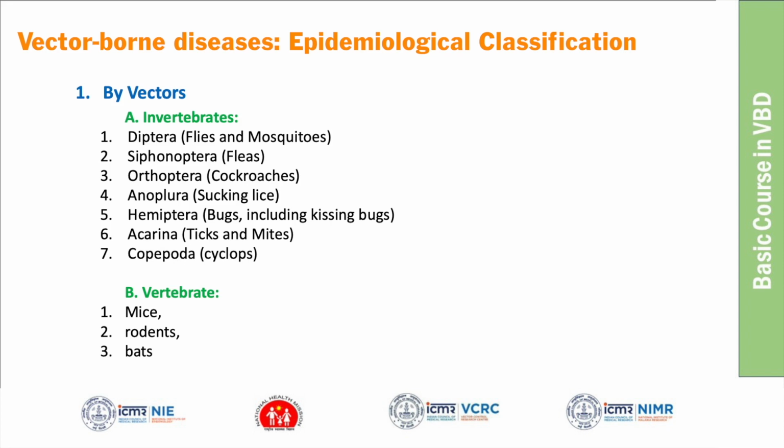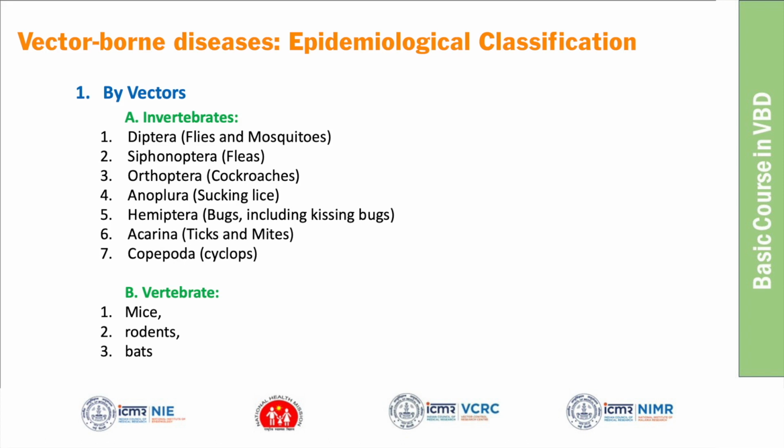Acarina, which includes ticks and mites. Ticks, as we know, cause, for example, KFD and also tick typhus. Mites cause scrub typhus, and copepods, cyclops, are also invertebrate disease transmitting vectors, and they are implicated in cholera.